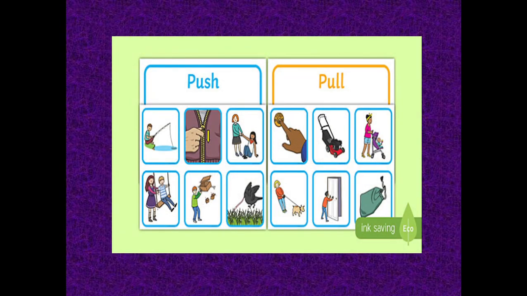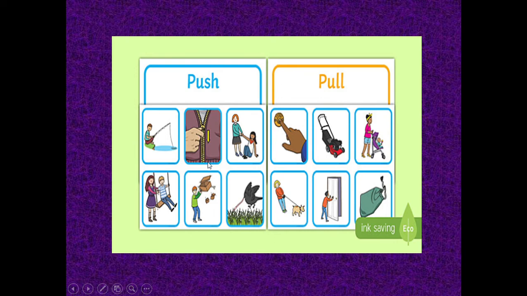So here you can see there are instances or examples where push or pull is being done. In all these cases, friction is operating opposite to the direction of motion. In the second picture, a person is trying to open a zip. From up to down, the downward direction, is the direction of motion.